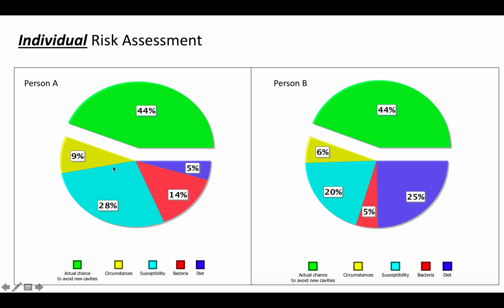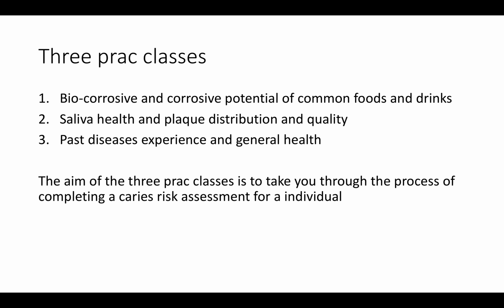It's actually their saliva health and the level or type of bacteria in their mouth. So for this person, we'll be focusing on increasing the saliva health and also suppressing the bacteria. So you can see that taking the information from individuals and then determining the risk factor or the contribution of each of the factors is super important.